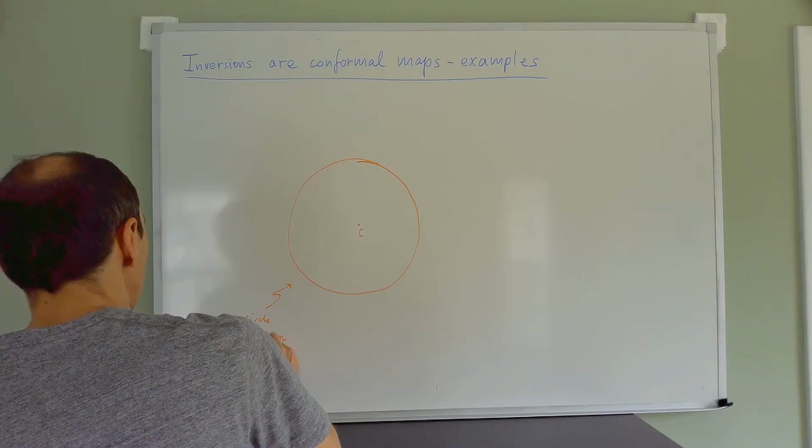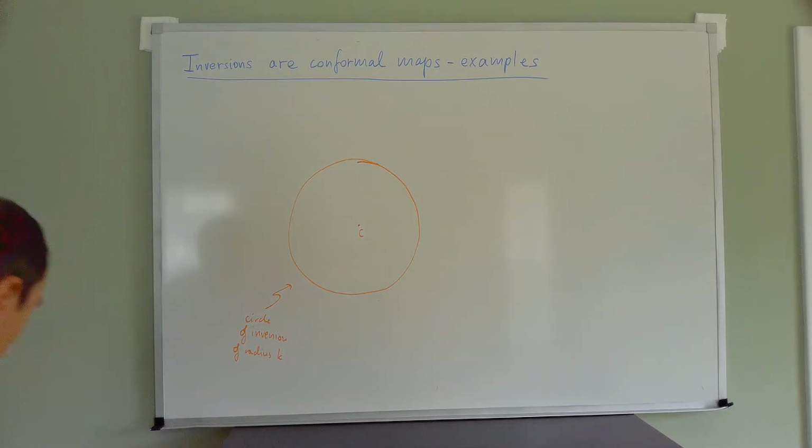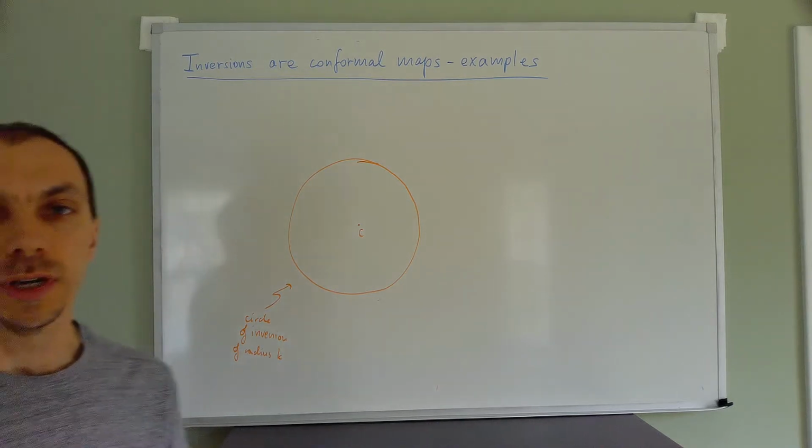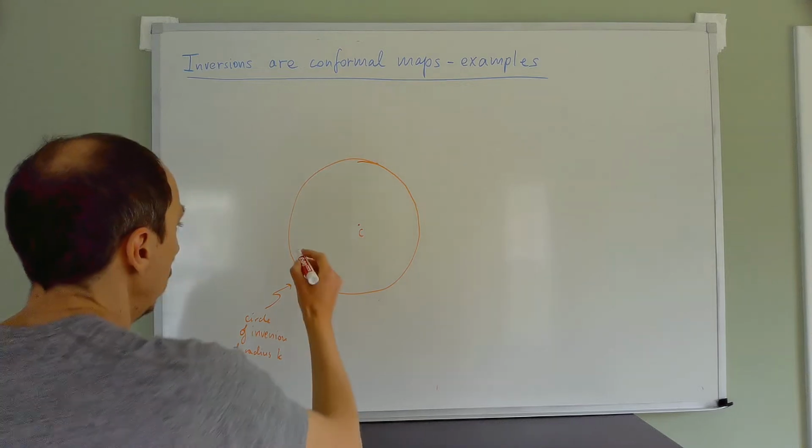Of radius k. Here's what I'm going to do. I'm going to inscribe an equilateral triangle into that circle.